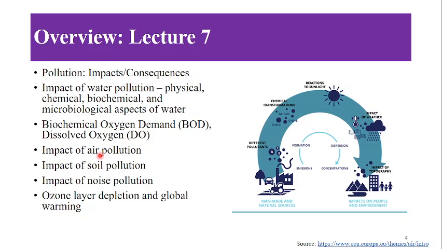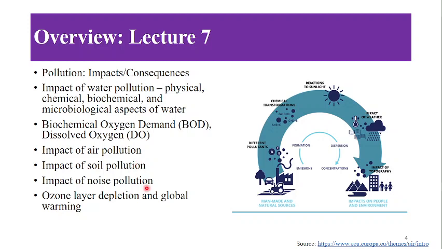And heavy metals such as lead, when suspended in air, can also lead to lung failure, kidney failure. Next, soil pollution. The impact of soil pollution is such that it can lead to degradation of the nutrients in the soil, so that the vegetation is not allowed to grow.